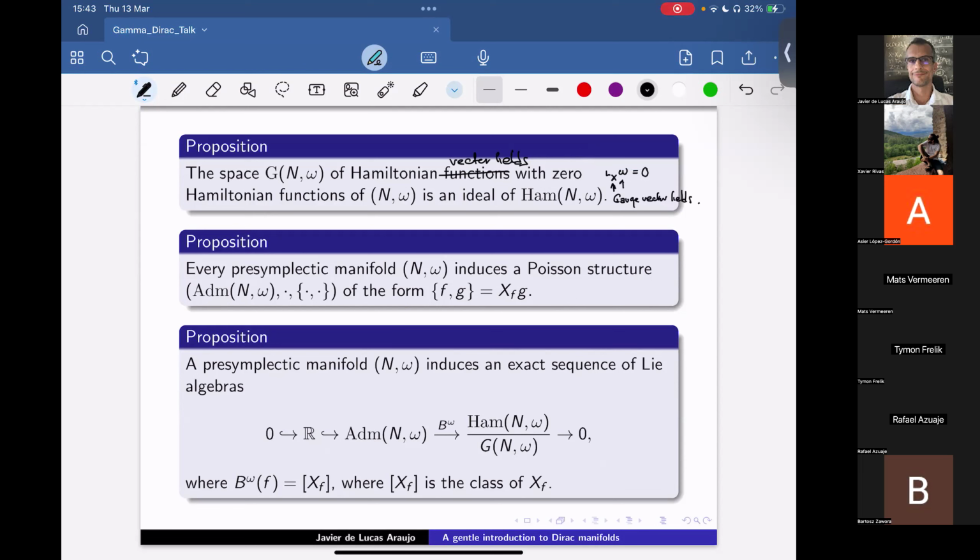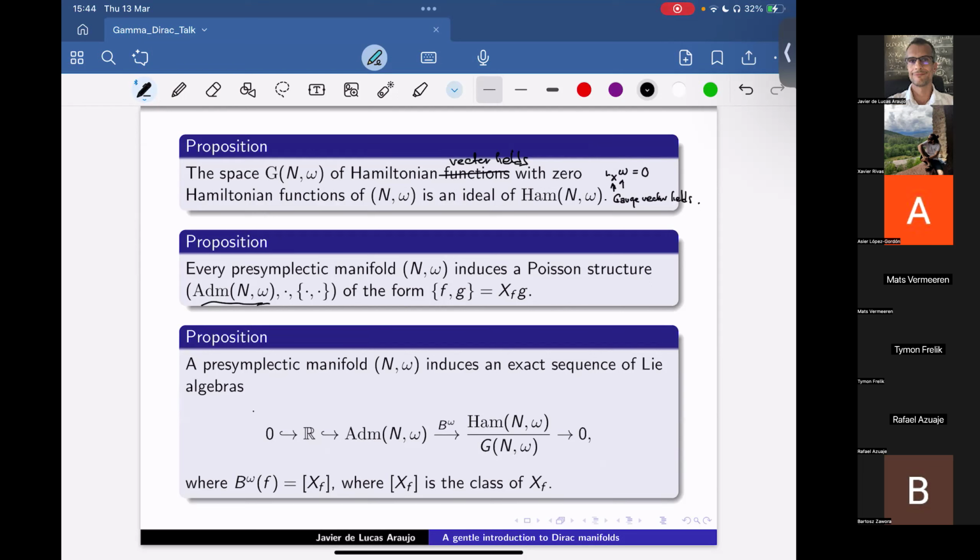Here, as I said, not all the functions are related to Hamiltonian vector fields. The functions that are related, I call admissible, and these span a space called the space of admissible functions.